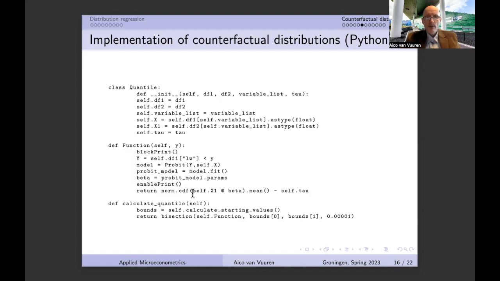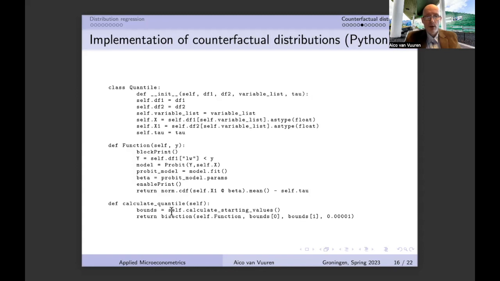This would be the counterfactual distribution, but I'm not really interested here in the counterfactual distribution; I wanted to calculate the quantiles. That means, of course, that I'm looking for a y that makes this counterfactual distribution exactly equal to tau. That's what I'm looking for. That I can do by trial and error, but I'm going to search that root in this case by bisection.